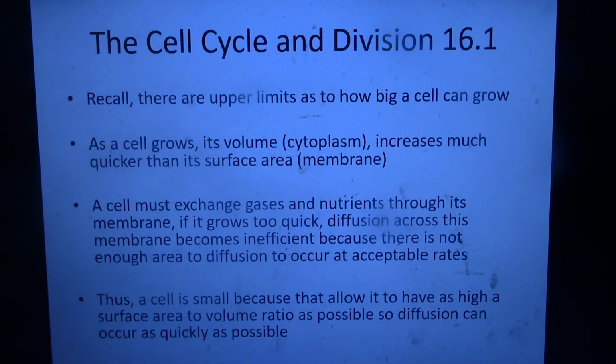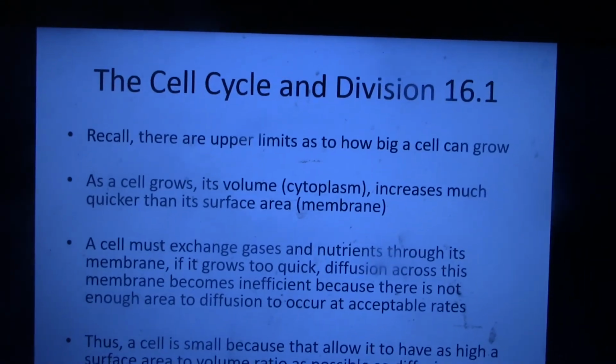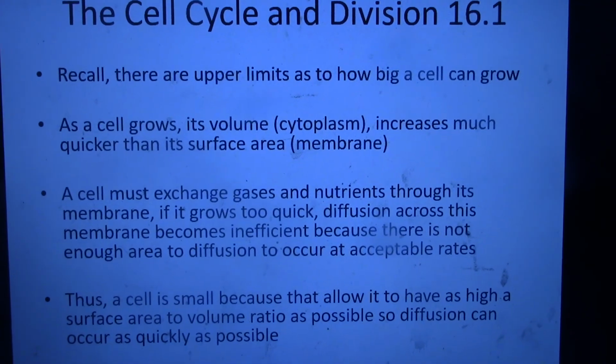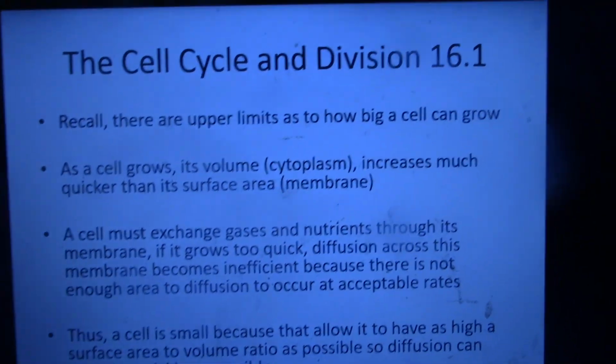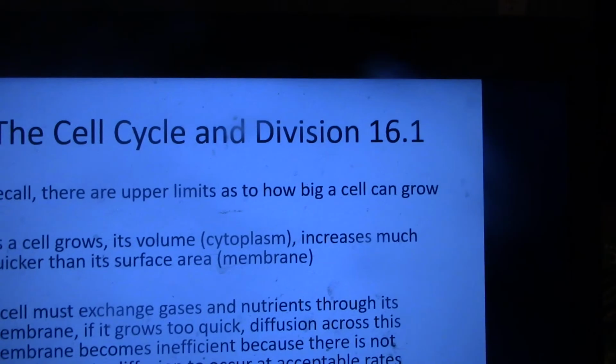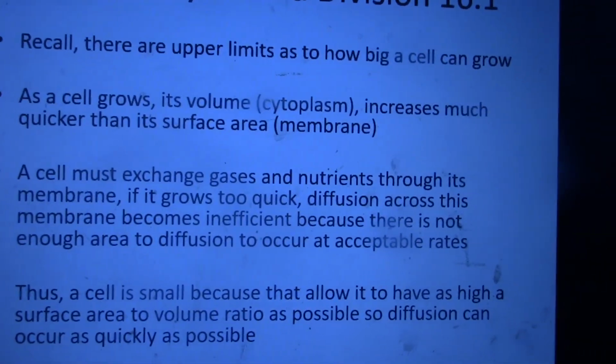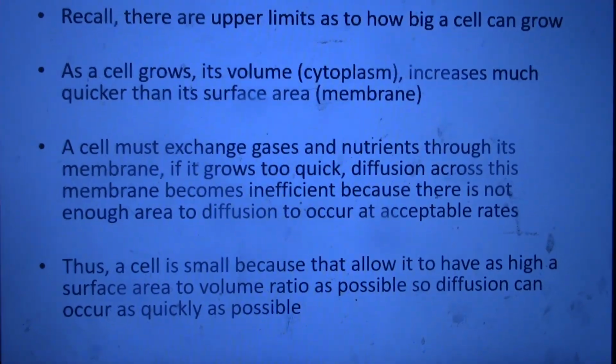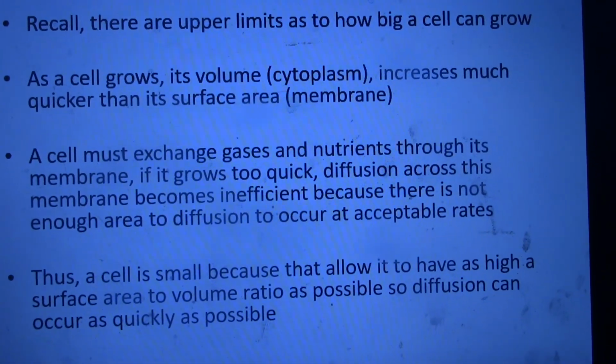So we're going to go back to surface area to volume ratio, and we're going to talk about why cells are small. Cells are small because transportation across selectively permeable membranes is most efficient when we have a high surface area to volume ratio.